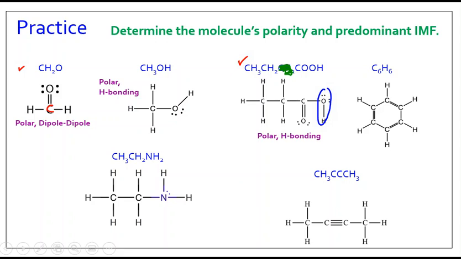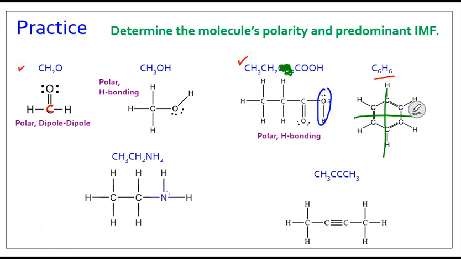Now for the benzene ring over here, C6H6. What do we got going on there? Polar or non-polar? Symmetrical or not symmetrical? Let's look at the symmetry here. Non-polar, good.